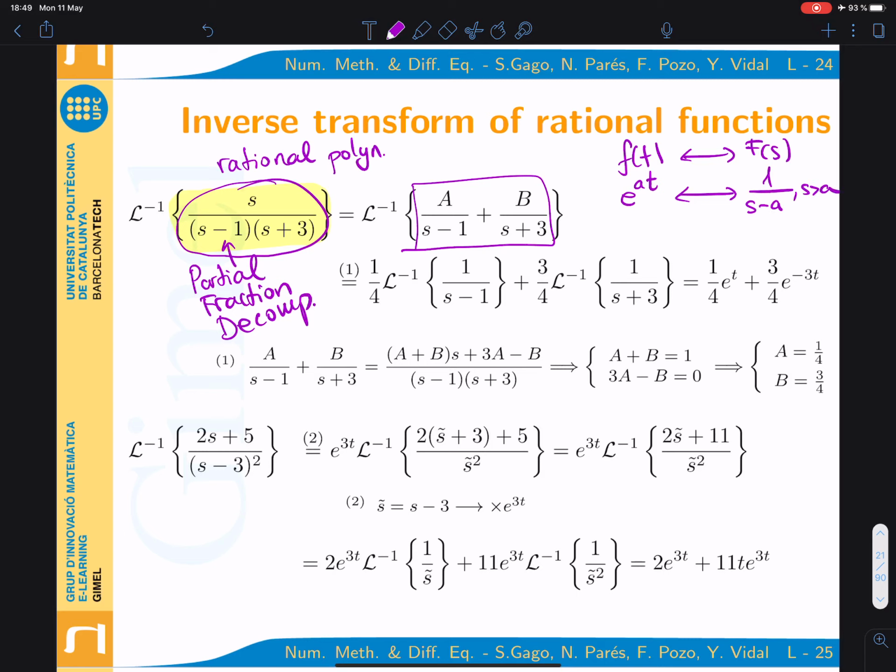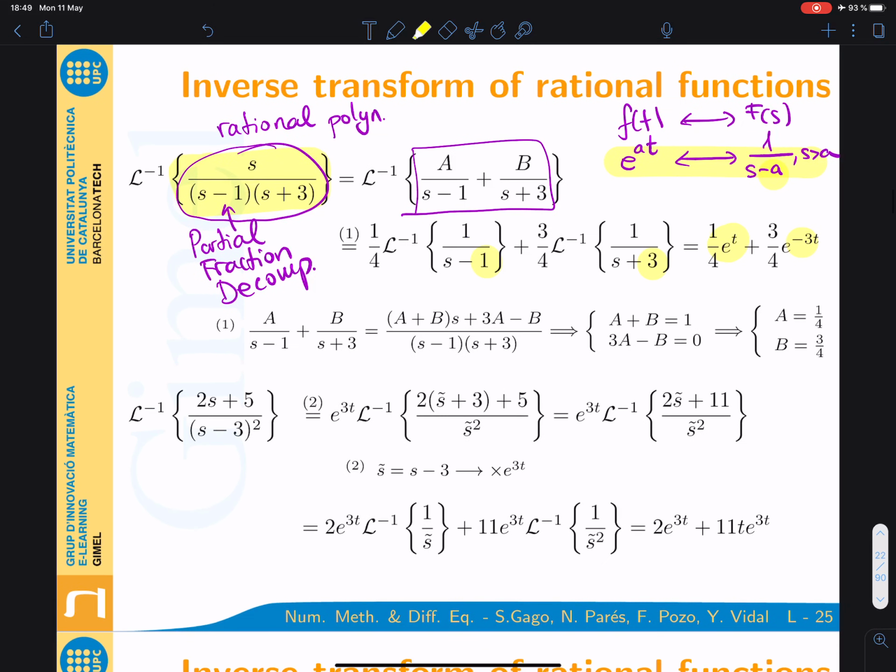So you can just check into the Laplace transforms table, and when a is equal to 1, this is the exponential of t, and when a is equal to minus 3, then you get here the exponential of minus 3t.